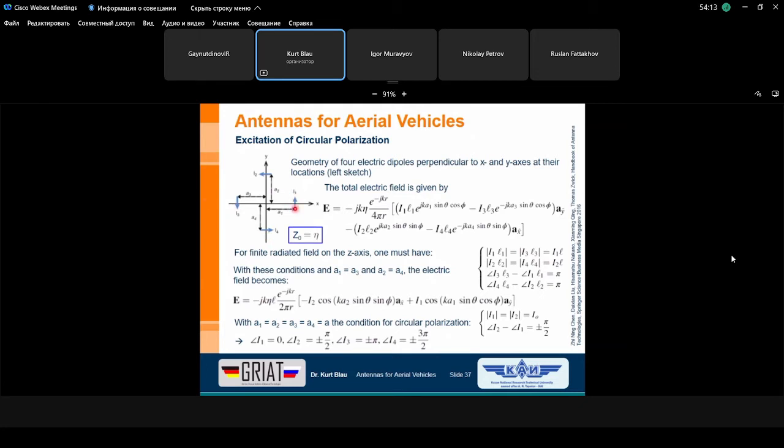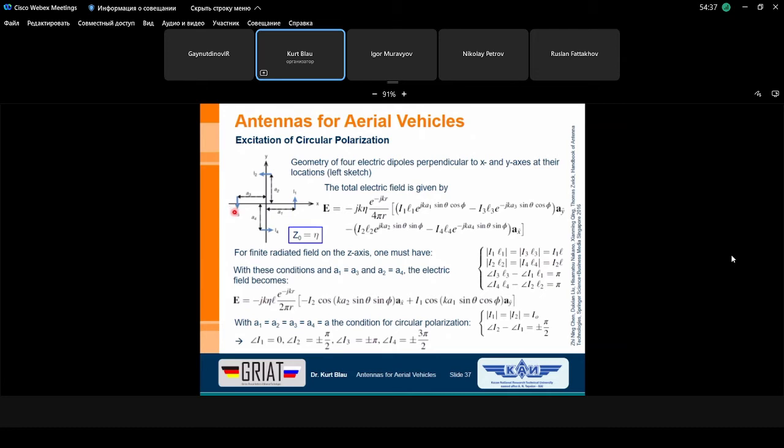This means we have a dipole with a more or less constant current along the dipole, or the current distribution should be more or less constant. Here it's named I1, and the opposite dipole which builds this pair is dipole 3.